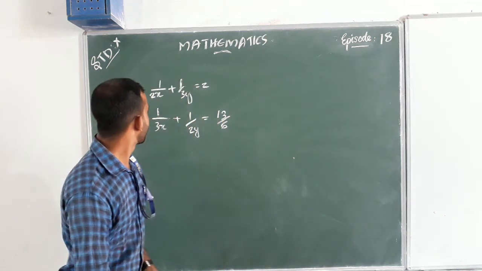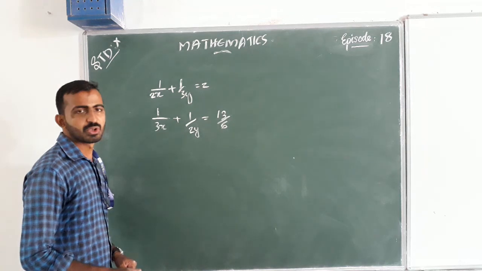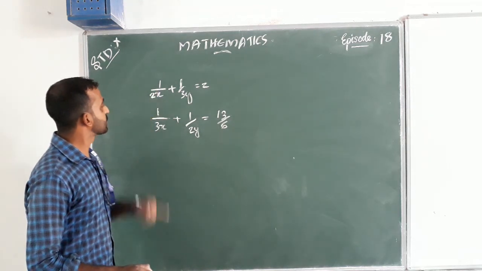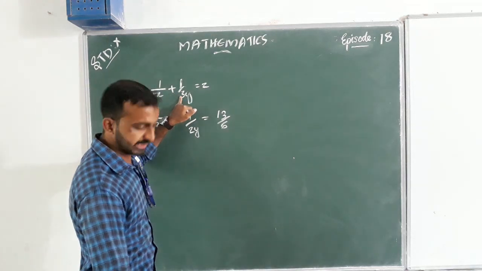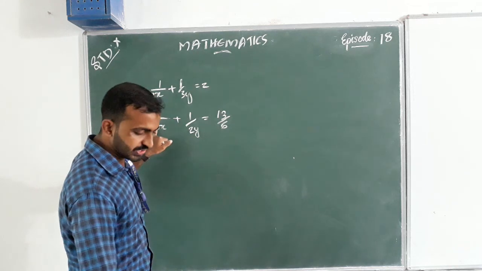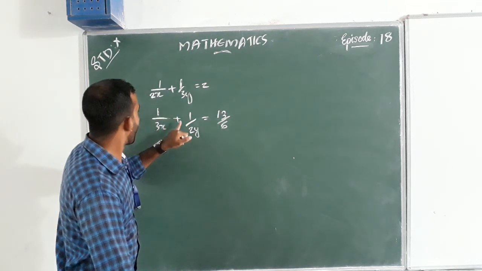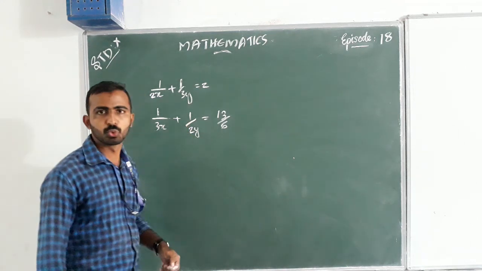So here we have 1 by 2x plus 1 by 3y equal to 2, and the next one is 1 by 3x plus 1 by 2y.